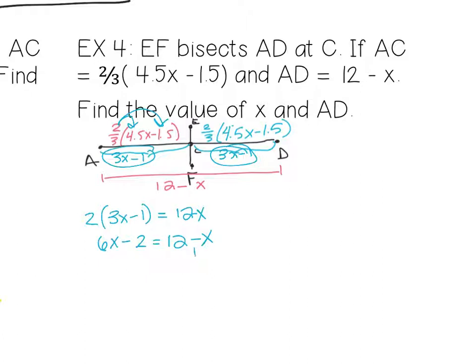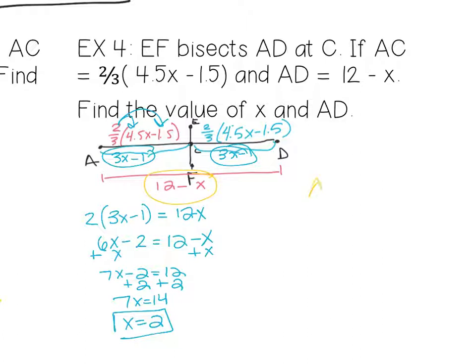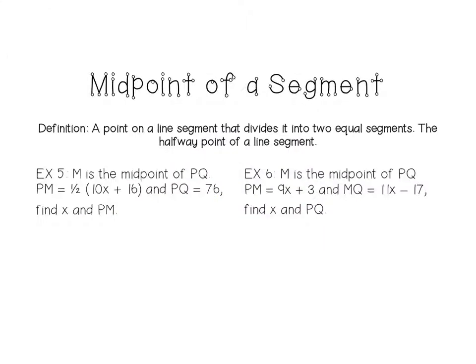Now I can go ahead and solve for x. So x equals 2, but it wanted me to also solve for AD. So AD is 12 minus x, or 12 minus 2, and that would be 10.